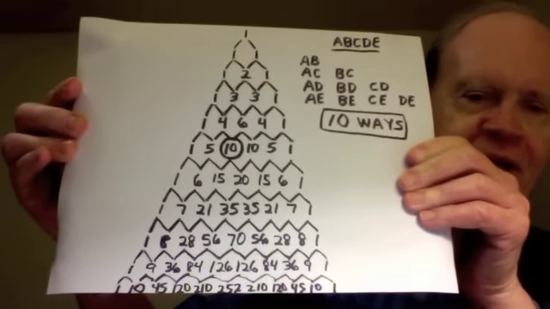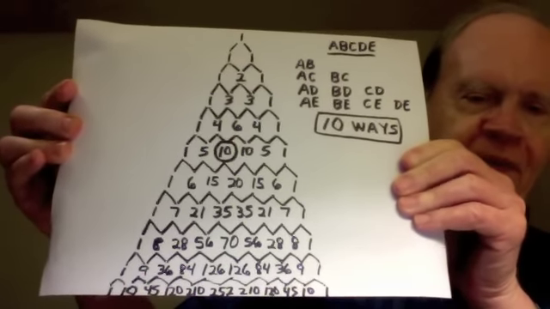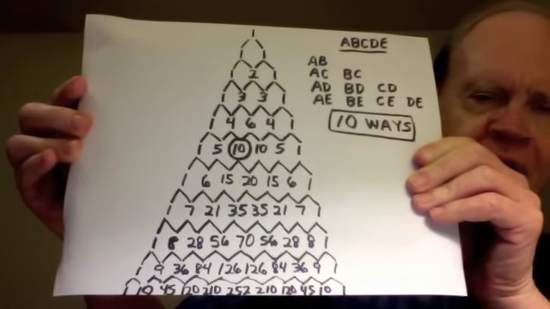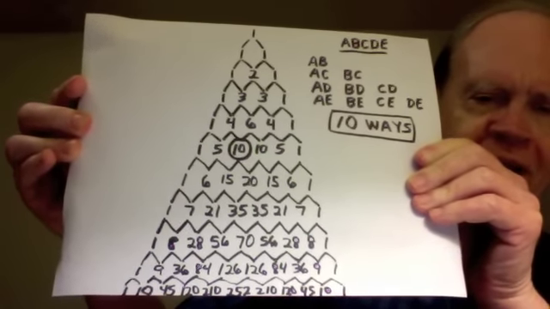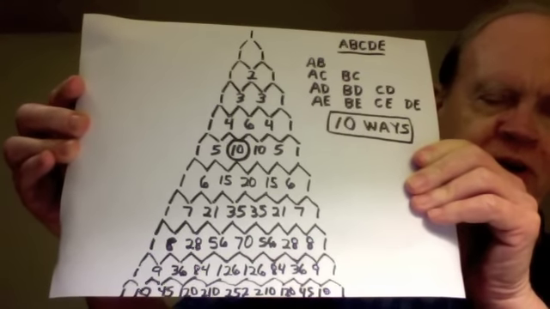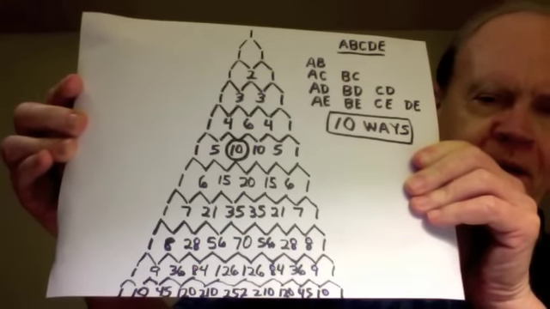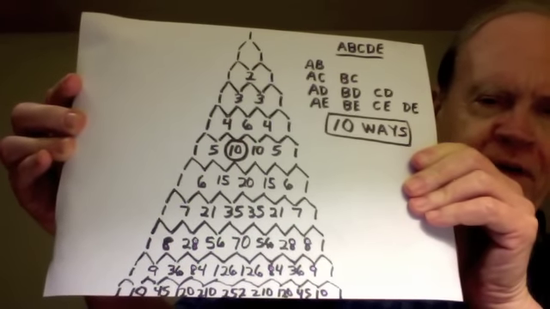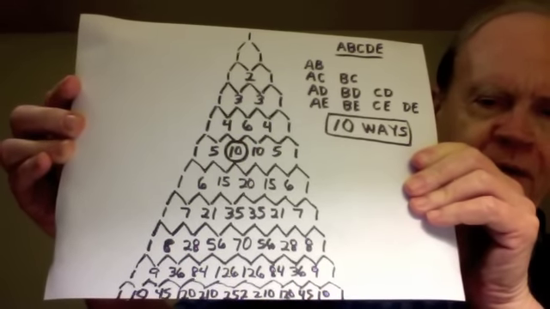I've done that. Row 10 is at the very bottom. The numbers in row 10 are 1, 10, 45, 120, 210, 252, 210, 120, 45, 10, and 1.